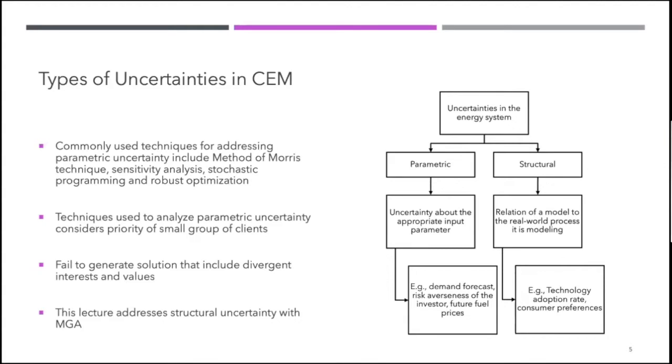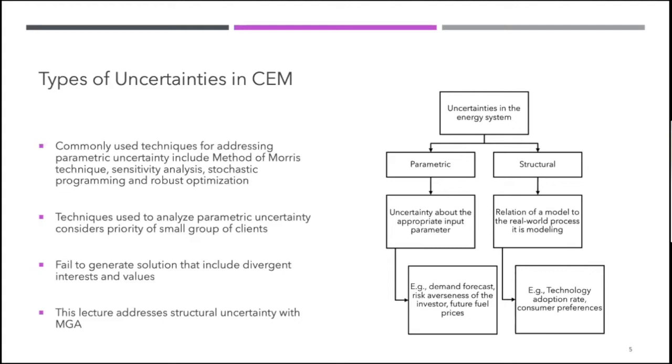So a client might want to know what happens to the energy system if solar PV cost goes plus or minus 20%. So that preference is very well known. So that preference can be easily modeled with SLP or robust optimization.